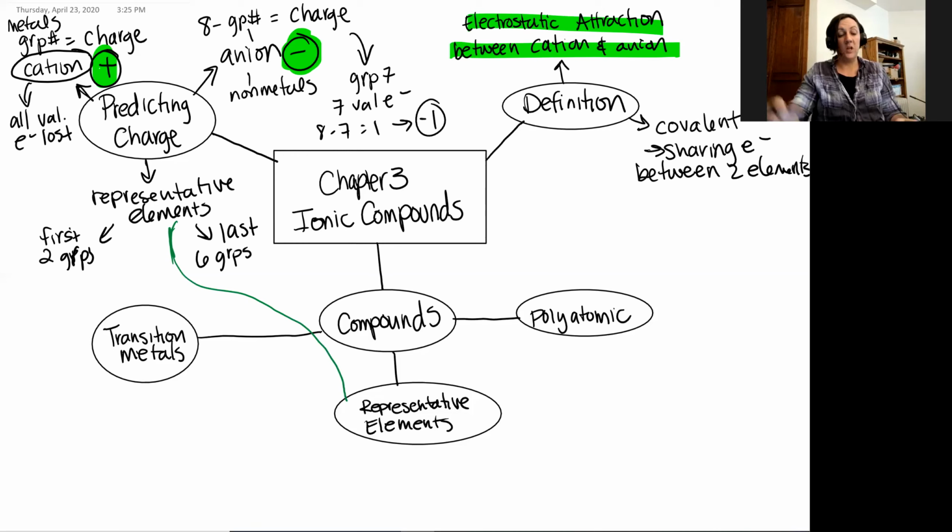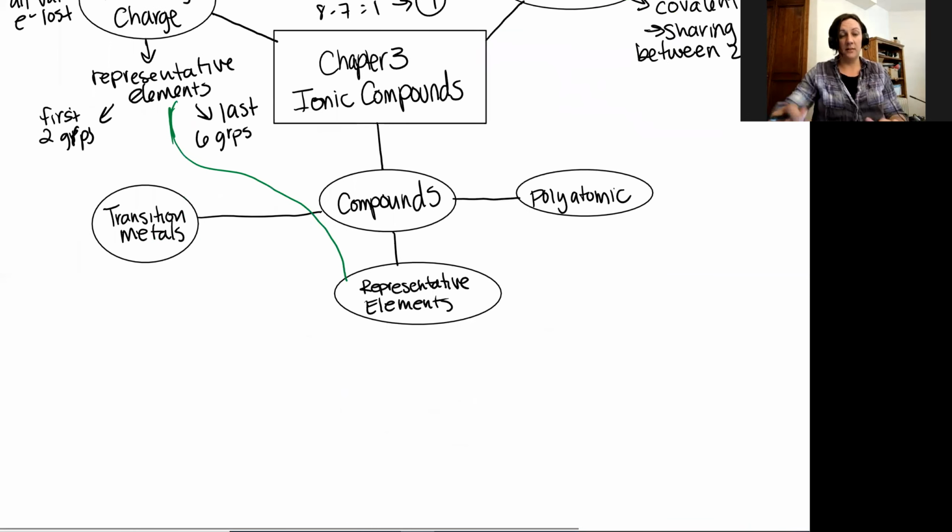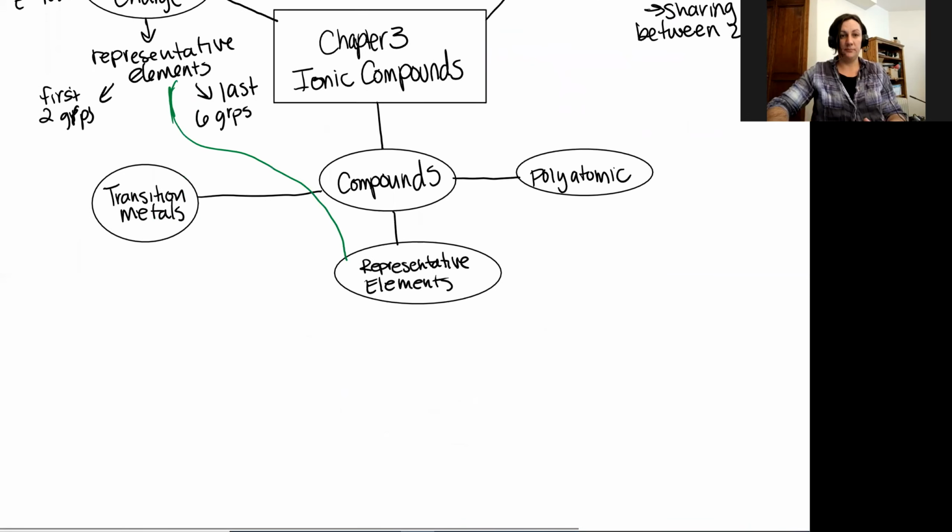All right, now that we know how to predict charges, we're going to use that tool to help us determine the ratio that different elements will combine when they form an ionic compound. And let's start with the more straightforward version of this, the representative elements. I'm going to move this up a bit to give us a little bit more room.